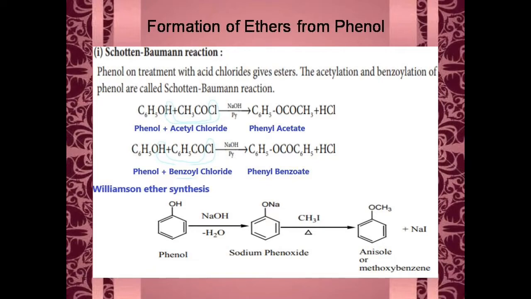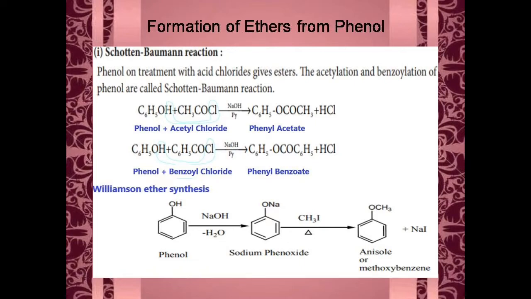Now the remaining reactants we have to attach, so that we get C6H5OCOCH3. That COCH3 part is called acetate and C6H5 is called phenyl. So the product name is phenyl acetate. This reaction is called acetylation of phenol.